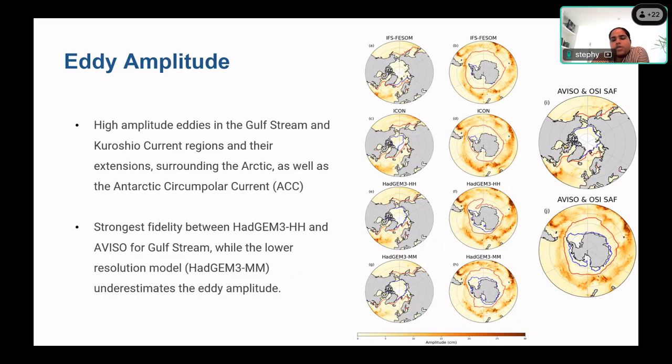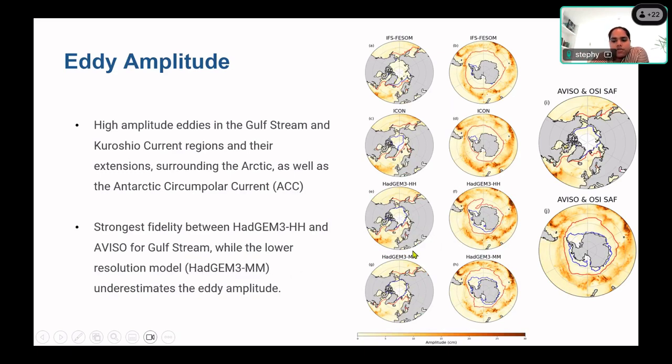So I know that there's a lot of panels here, and it would be difficult to say all the aspects in one go. I'm only focusing on a few key points, and the rest of it you'd be able to find in the deliverable. So when we look at the eddy amplitude, you have the AVISO products at the right-hand corner.